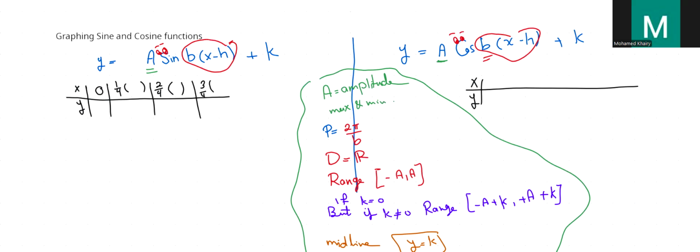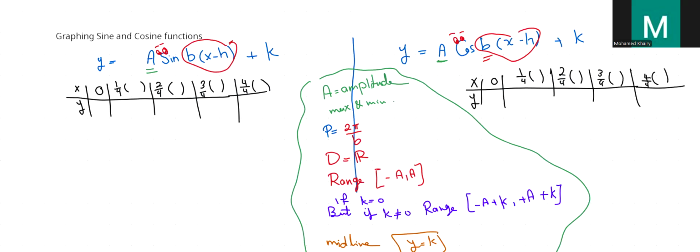That means 4 over 4 times the period is the period itself. You can simplify the fractions if you want. So this is 0, 1 over 4 times the period, 2 over 4 times the period, 3 over 4 times the period, then 4 over 4 times the period.